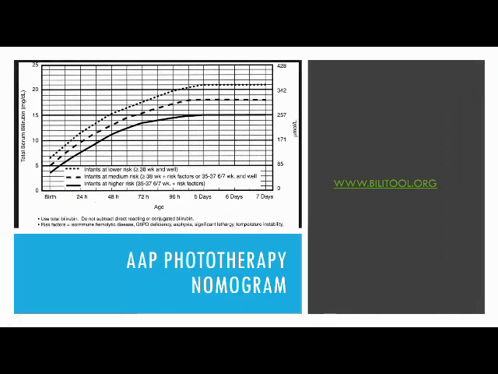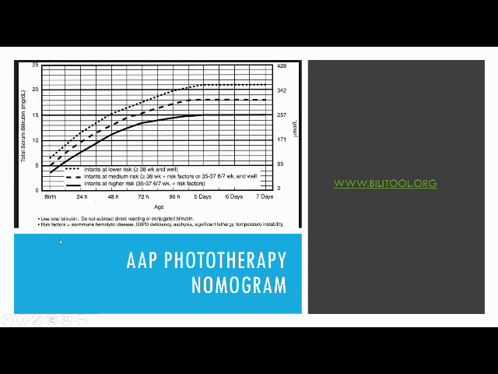This is the standard nomogram for evaluating total serum bilirubin levels in babies that are 35 weeks and older. If you look down here, the solid line is infants at high risk. So these are 35 to 37 and 6-week babies plus risk factors. And down here it talks about risk factors.